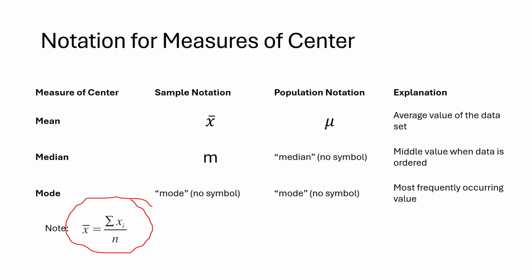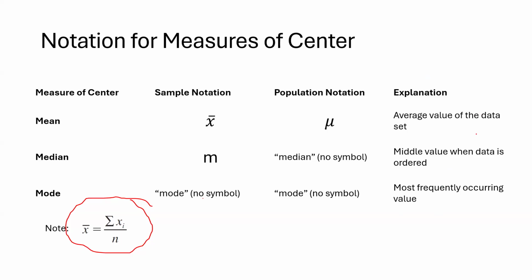So x1 is the first value, x2 is the second value, and so on. n is the total number of values in the sample. So this formula is saying add up all the values from x1 to xn and then divide by how many values there are. If you've calculated an average before, this is just a formal way of writing it.